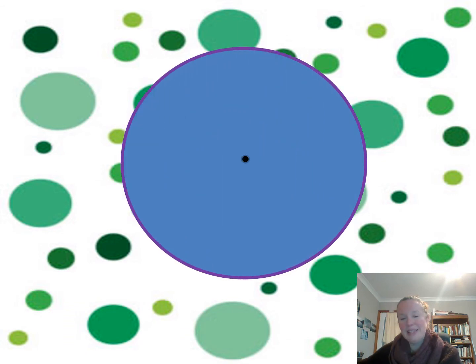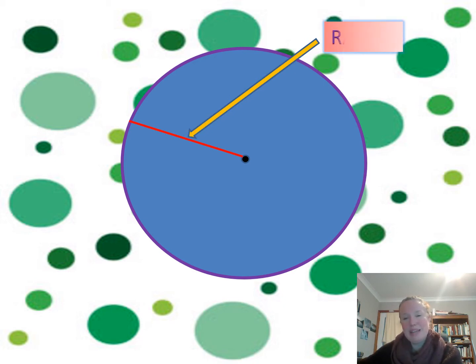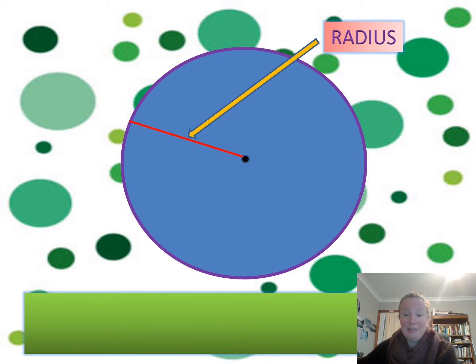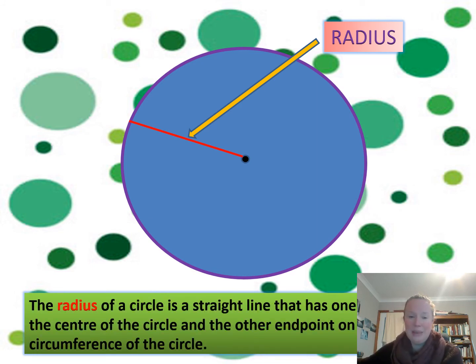Okay, our next technical property of a circle is the radius, and the radius is the point or the line from which the center and the circumference can be connected. So a radius can happen in multiple places within a circle.